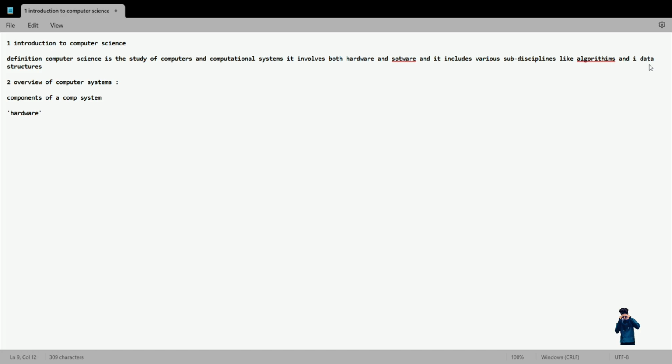So hardware, what do you mean by hardware in this field? Don't confuse yourself, understand this definition. After that, if you have any doubts, clear your doubts in the comment section. So friends, hardware means physical components like CPU.